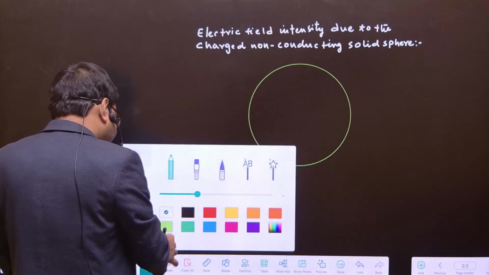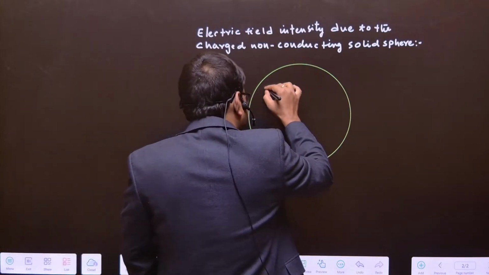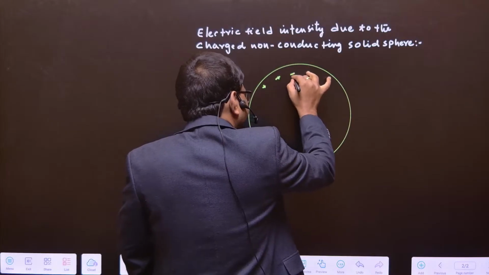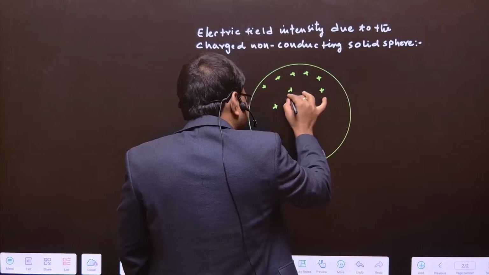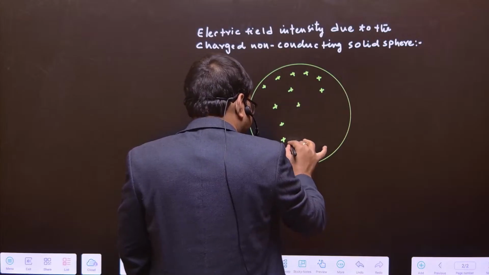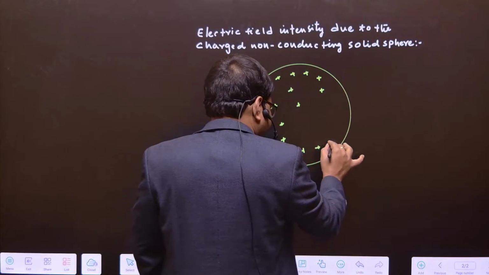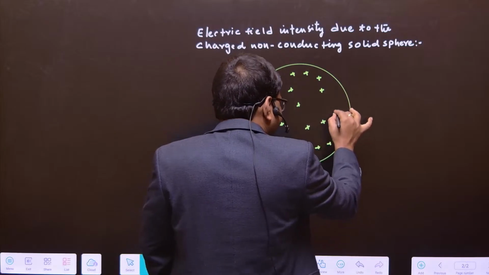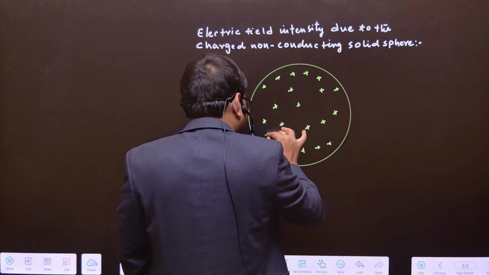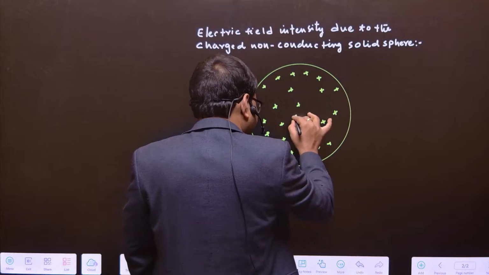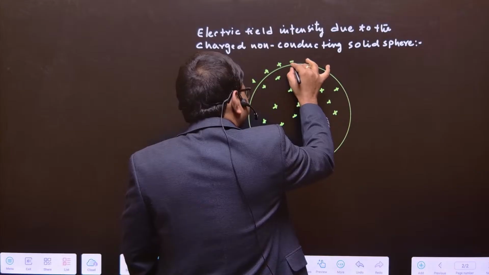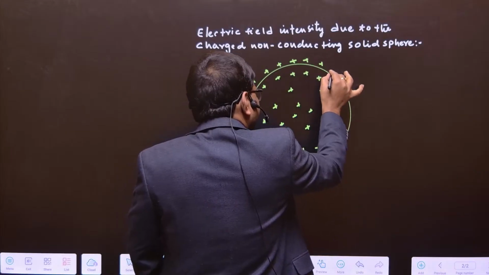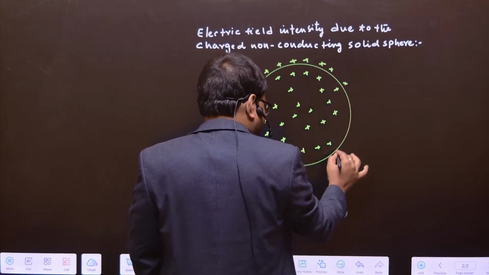Here charge remains at every place, at every point, not only on the surface. At every point positive charge remains. Clear? Okay, all of you draw with me. A positively charged non-conducting solid sphere.